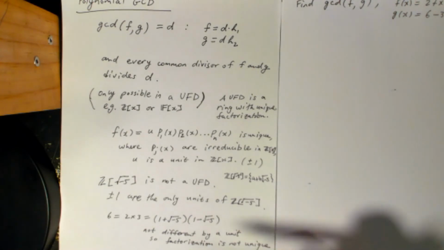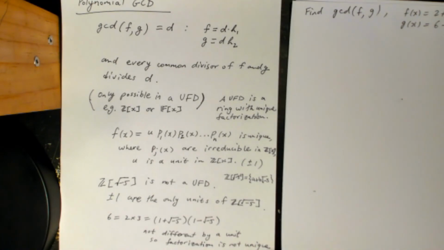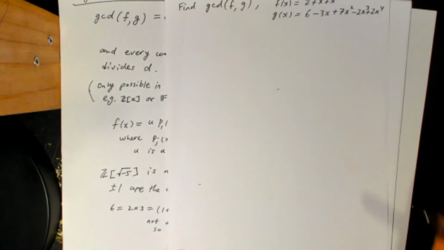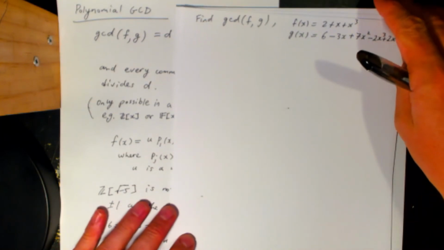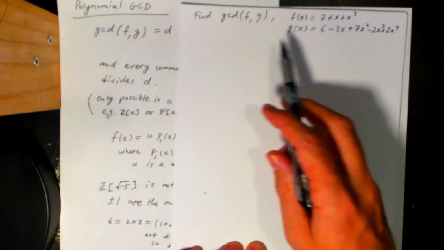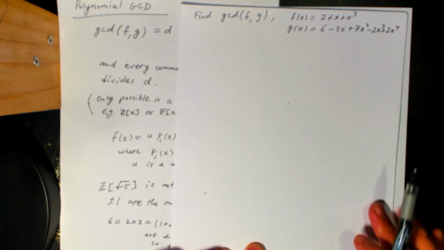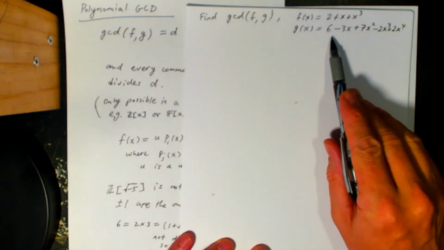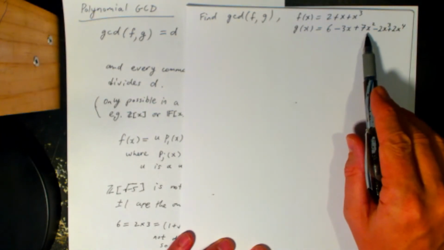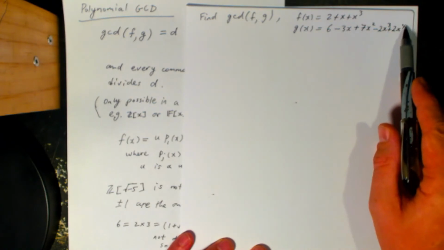Okay, so given this, we can also perform a Euclidean algorithm on polynomials. So let's have a look at this example that I have here on the right, which says find the GCD of f and g where f of x is 2 plus x cubed, and g of x is 6 minus 3x plus 7x squared minus 2x cubed plus 2x to the fourth.